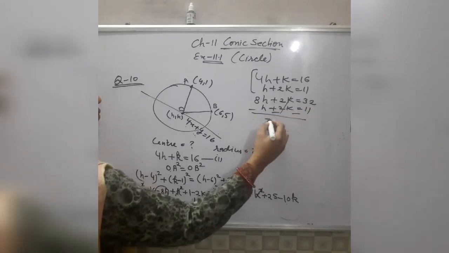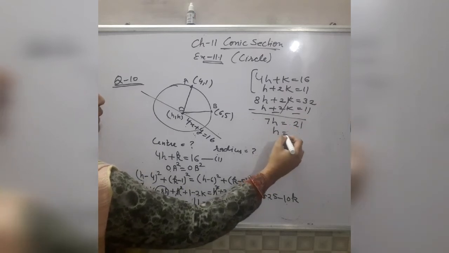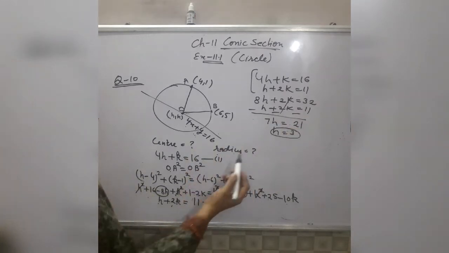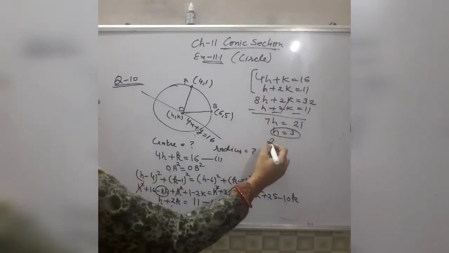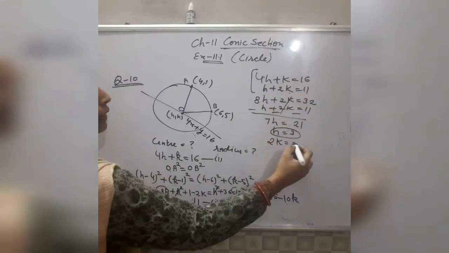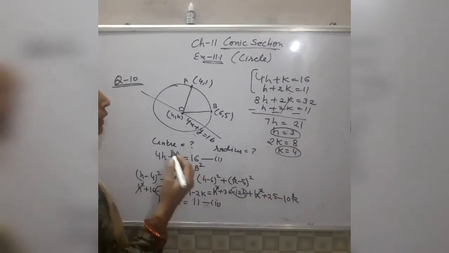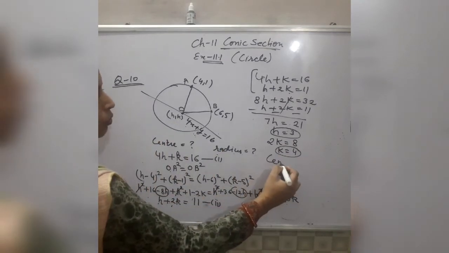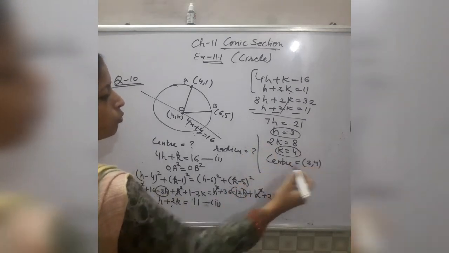Subtracting these two equations you will get 7h = 21 or h = 3. Put this value of h in any one equation, you will get the value of k. 2k = 11 - 3, which means 8, or k = 4. So the center will be (3, 4). The center of the circle is (3, 4).